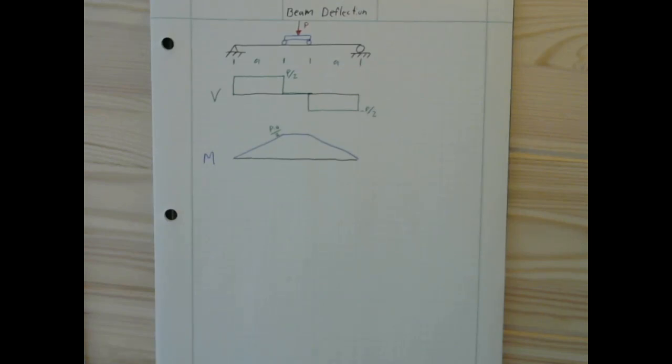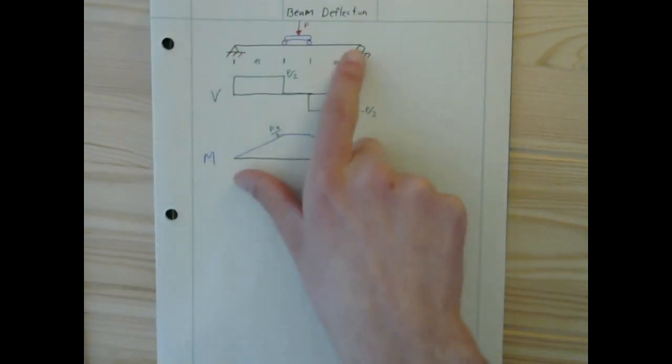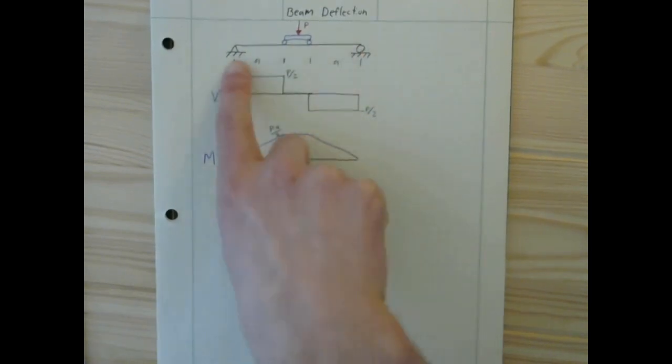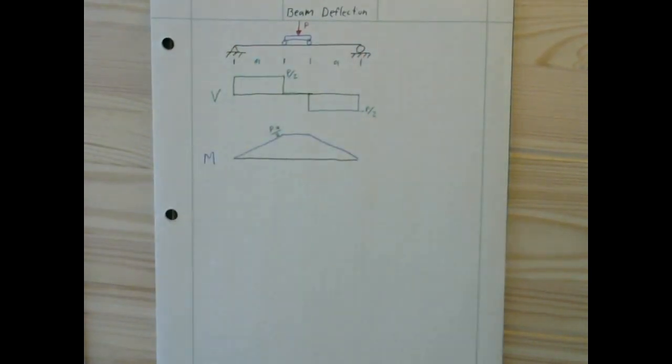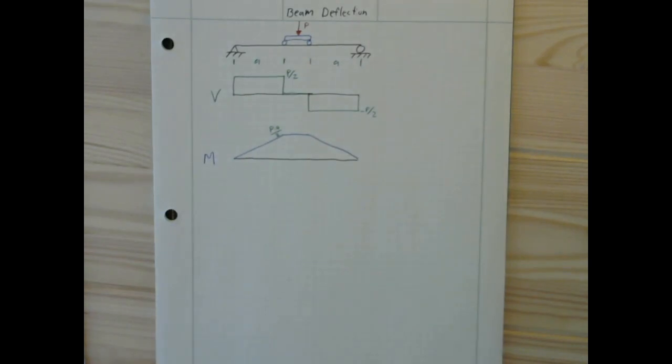Then you're going to use that to determine the rotation over here, or over here, I guess, if you want to be wild. Please do it over here. And the deflection under here as a function of x.